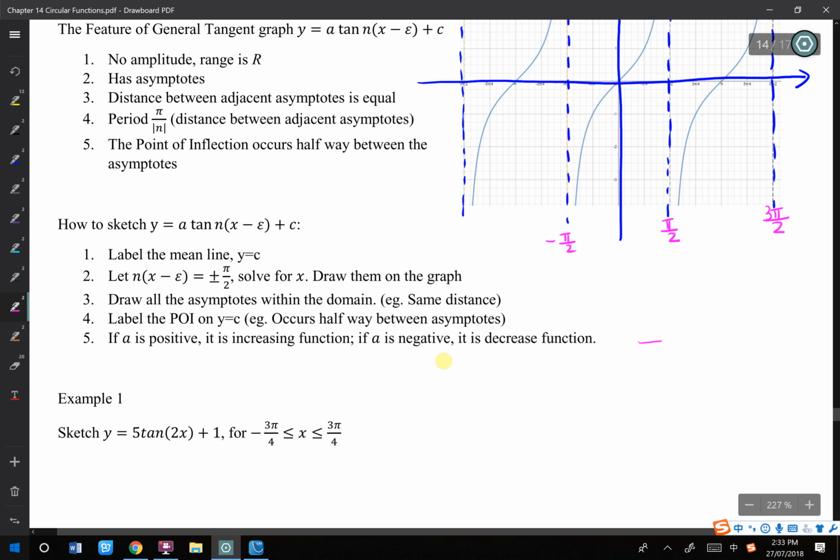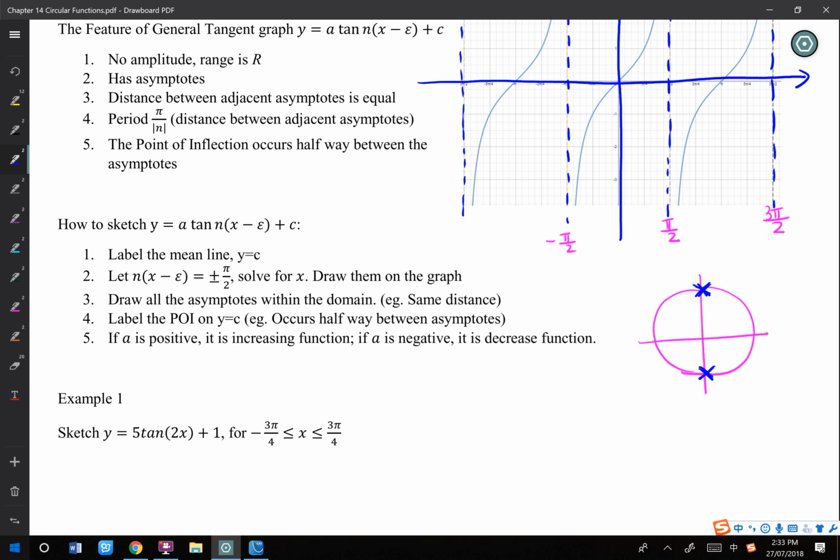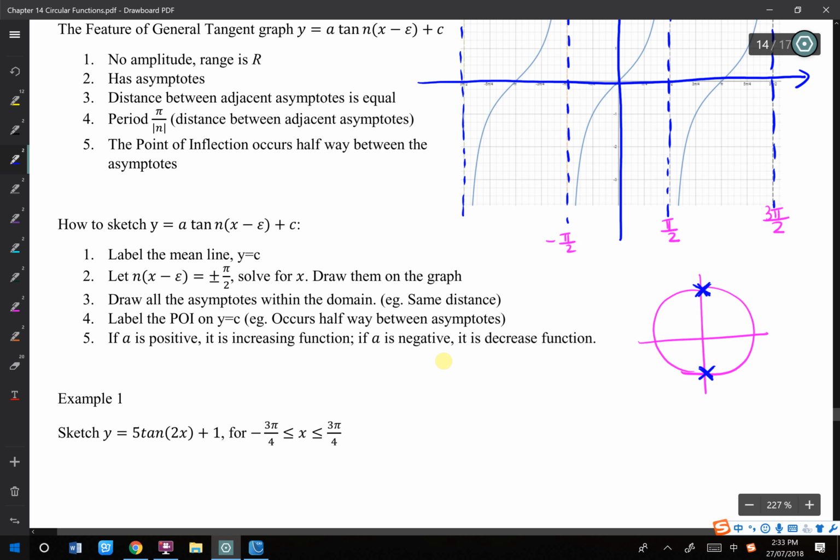If we think about the unit circle, cosine x equals 0 at this place and at that place, like here and here, because the points are 0, 1, 0, negative 1. In the positive direction this angle is pi on 2, but in the negative direction it is negative pi on 2.